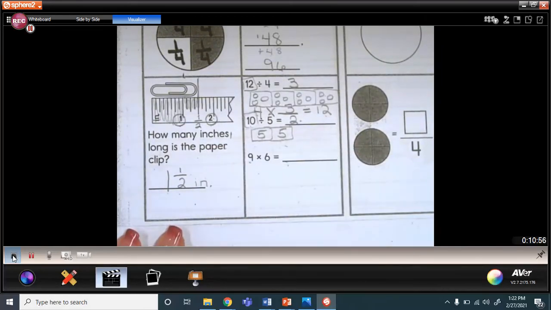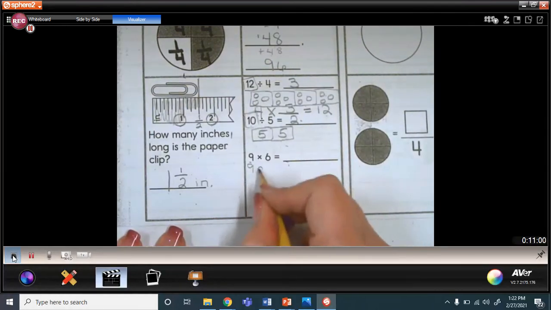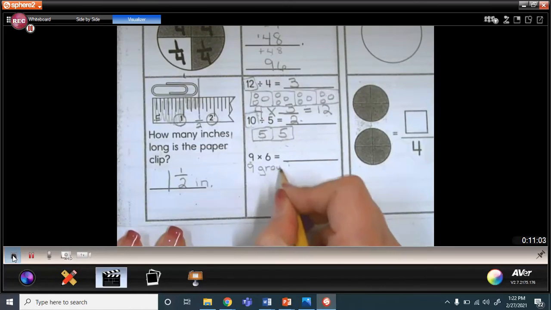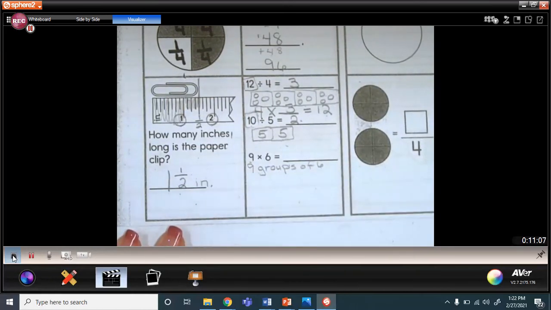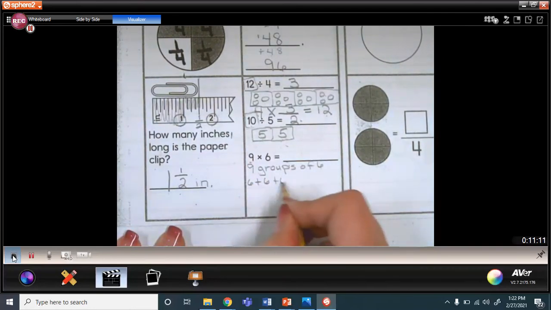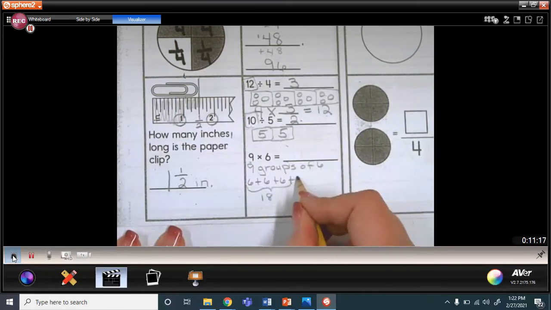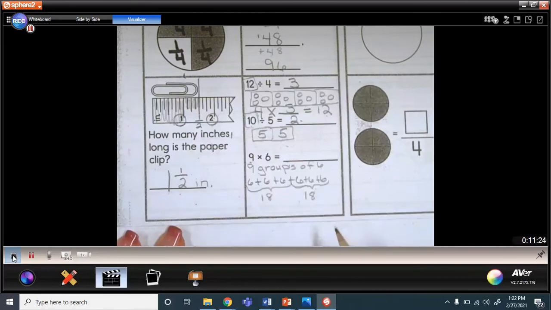Now I look at 9 groups of 6. This is multiplication. I have 9 groups of 6. 9 groups of 6 means I'm adding 6 plus 6 plus 6. That's 18. There's 3 groups of 6. 6 plus 6 plus 6. That's 6 groups of 6, which is another 18.